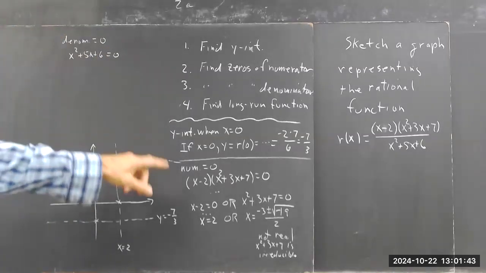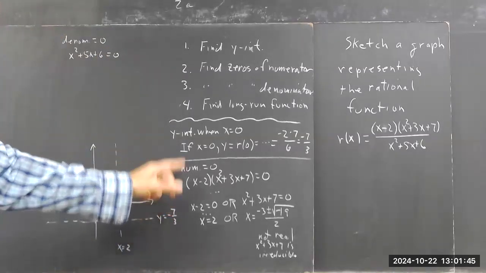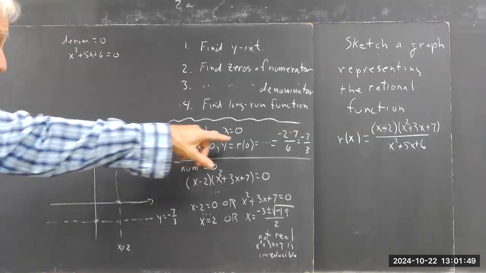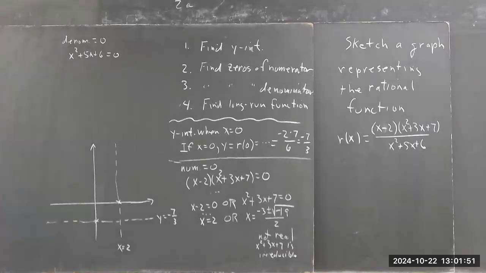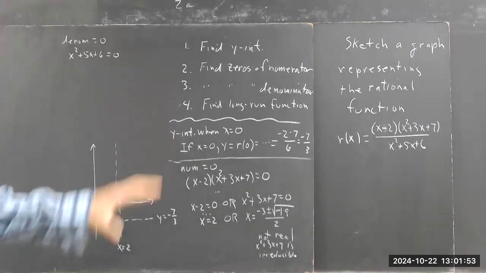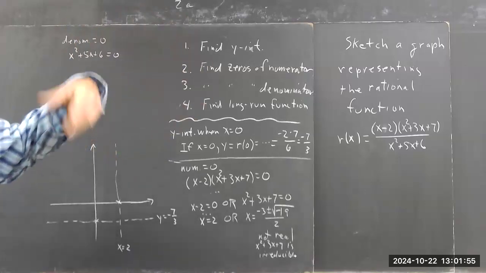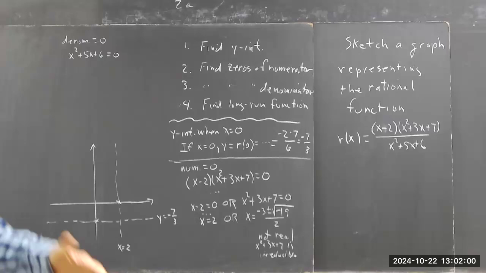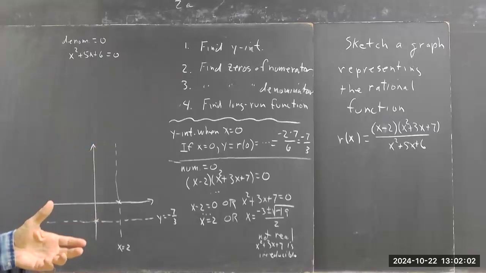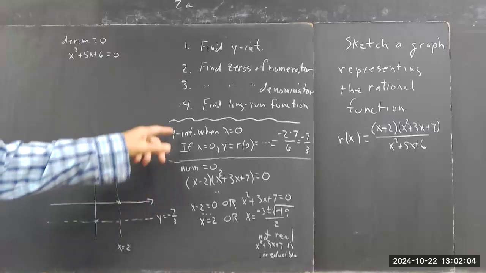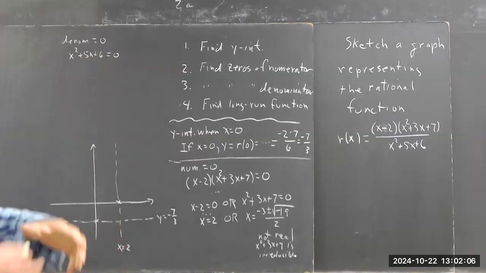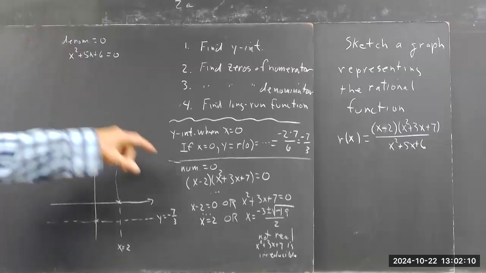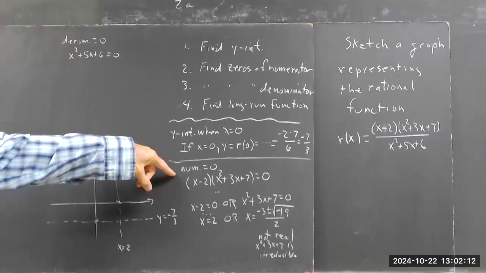Another reason for writing out what you're doing, some identifying like numerator equals 0, denominator equals 0, y-intercept, and x equals 0. If you get further along in the problem and forget what everything means, you've done it by habit, it's there, but now you got to go find it. And it's scattered all over the page and not with headings. Well, if it's scattered all over the page, fine, if each little area tells you what's going on.